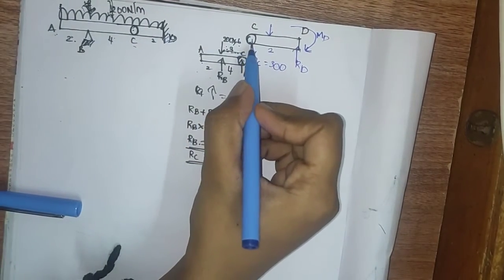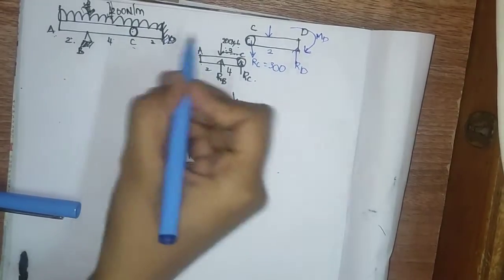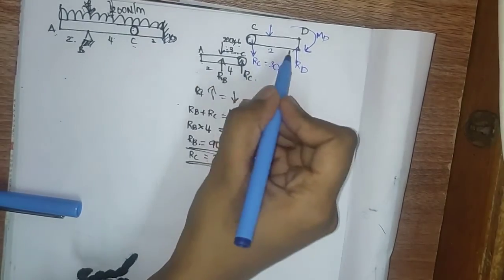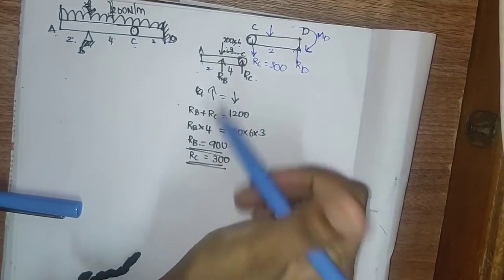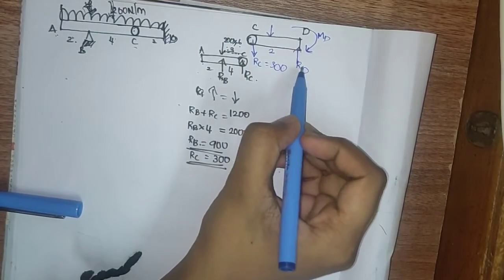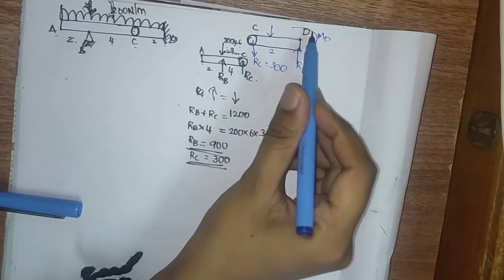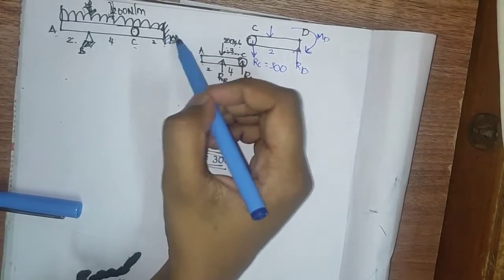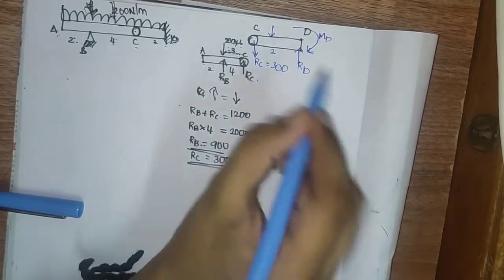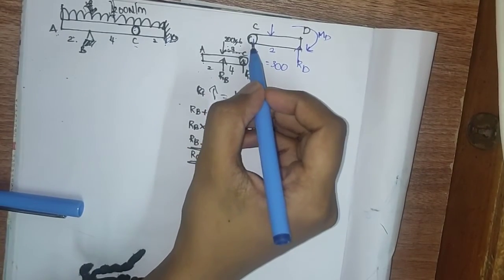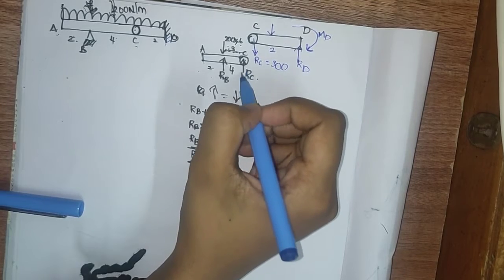Okay, let's find for RC also. For just this CD, it is at a distance of 2 and the load acting is the UDL. And if we consider this RC, we have already found RC equal to 300, and there is a reaction RD here, as well as a moment, because here it is fixed. So we get MD. Then just note down here that RC is downward and here it is upward.